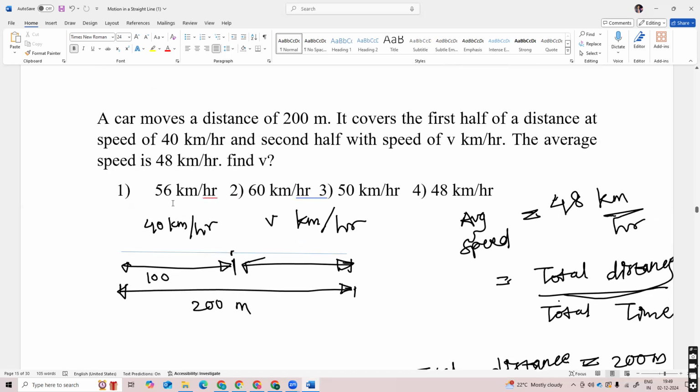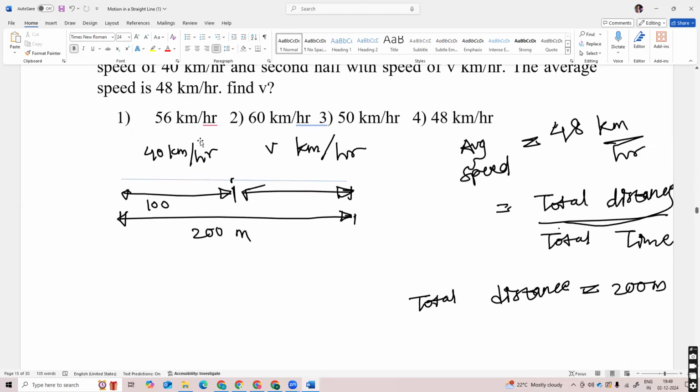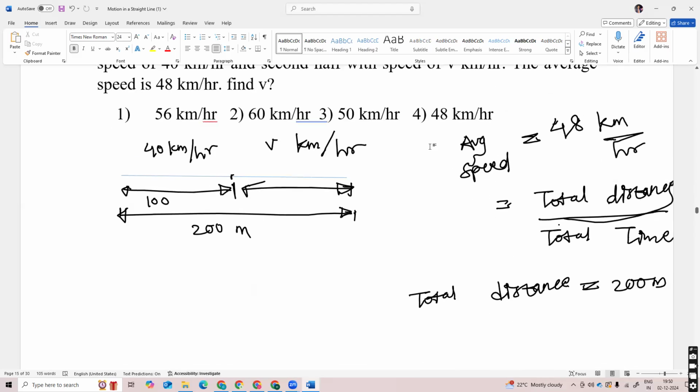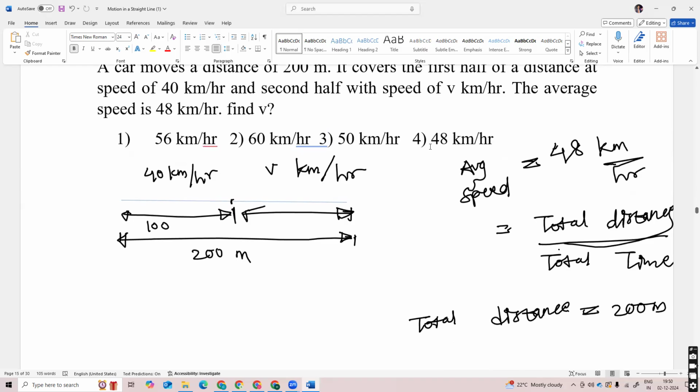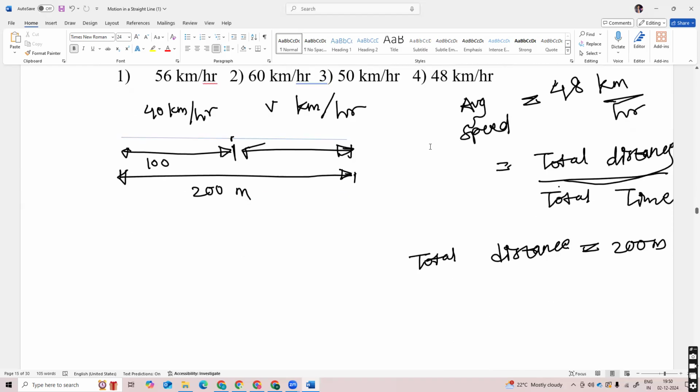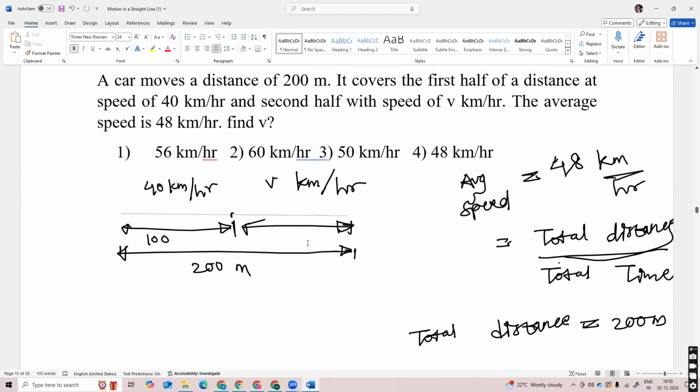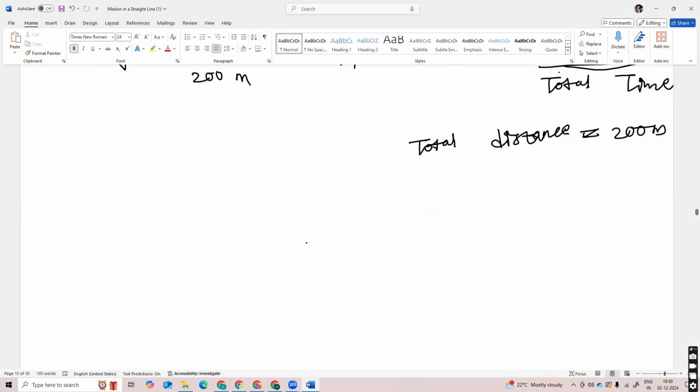So here they have given us the velocities in terms of kilometer per hour. So we should know the conversion of kilometer per hour to meter per second. That will help you in many questions. So let's see how we convert kilometer per hour into meters per second.